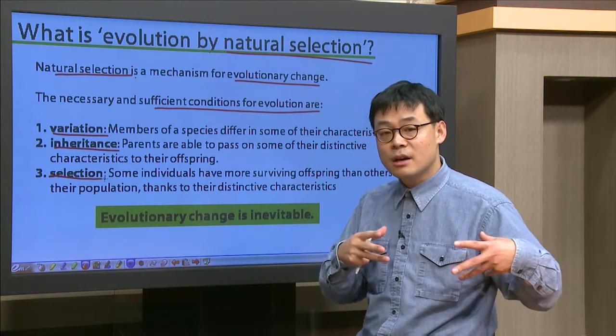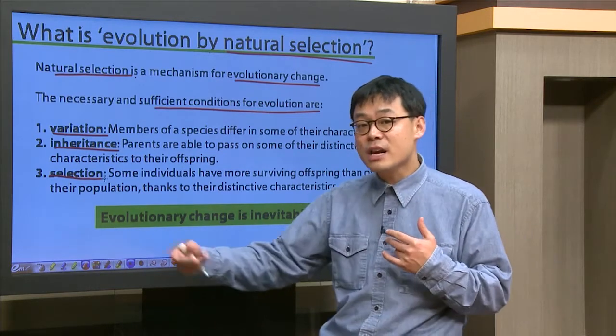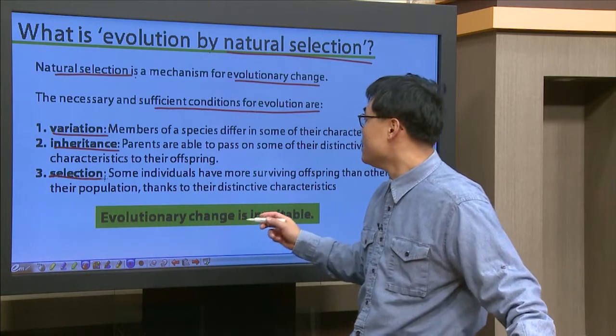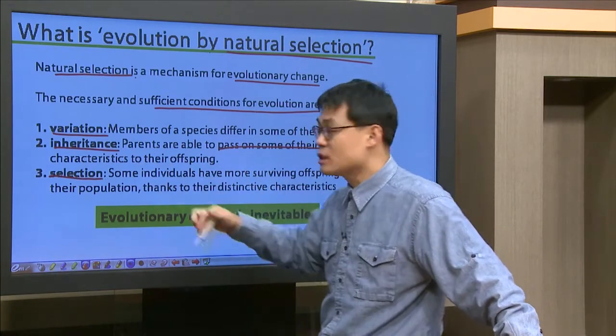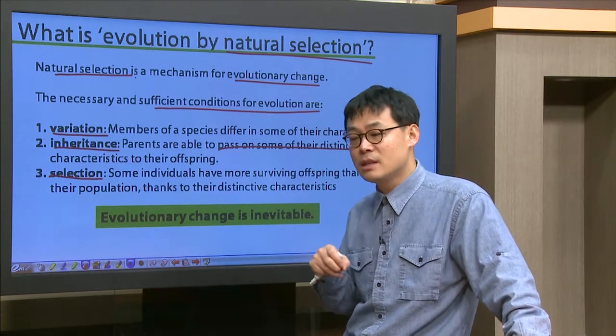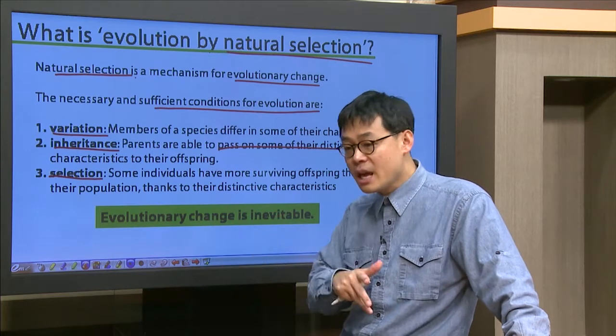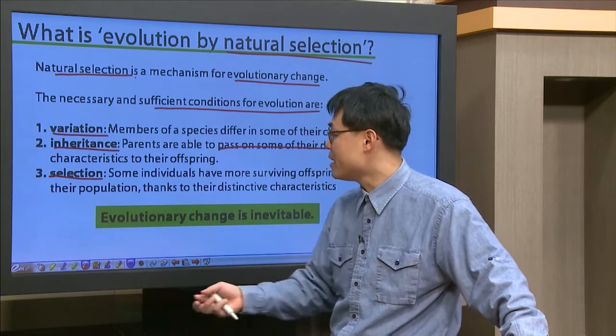These variations are inherited by the next generation, so that parents are able to pass on their distinctive characteristics to their offspring. So these differences in phenotype, the behaviors or morphologies, are passed down to the offspring. That is inheritance.